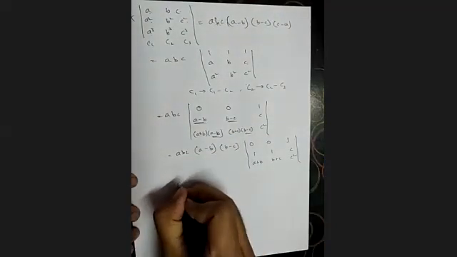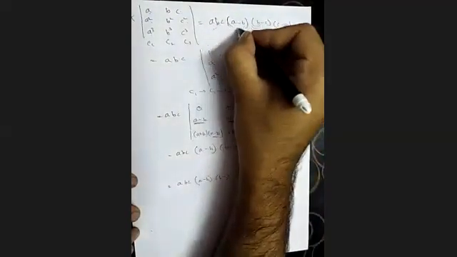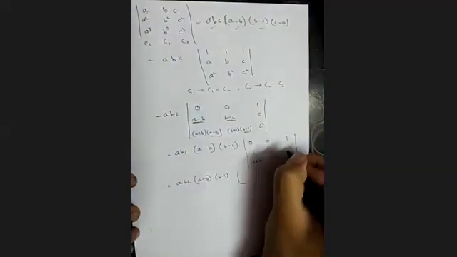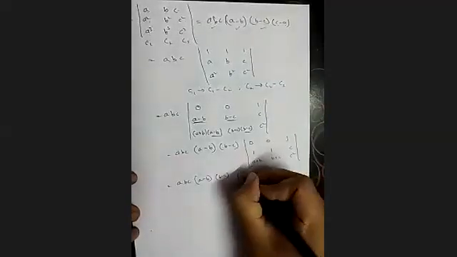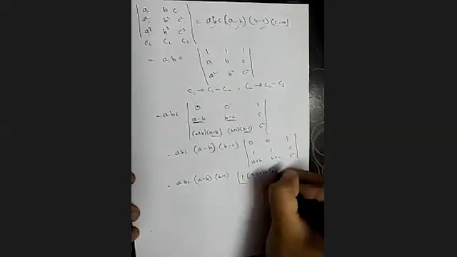Now find the determinant. This will be same, abc into (a minus b)(b minus c). We got a plus b, a minus b, b minus c. We need to find c minus a. So the determinant of this will be: this is 0, 0 into anything will be 0. This is also 0, always 0. Now 1 into (b plus c minus a plus b).